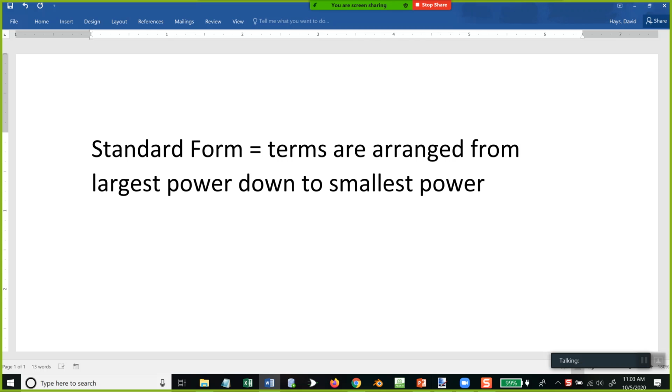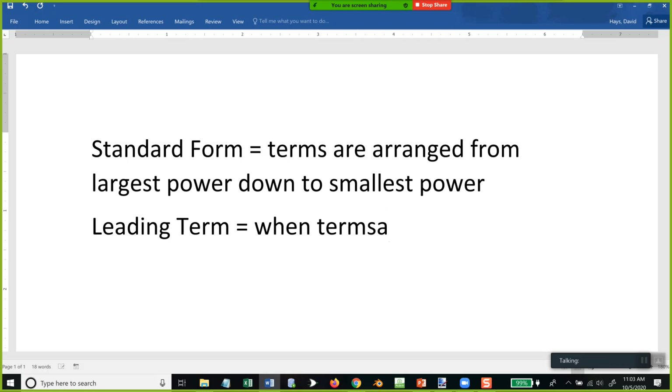Assuming it's in standard form, your first term is going to be called your leading term. So leading term is the first term when terms are arranged from largest power down to smallest.